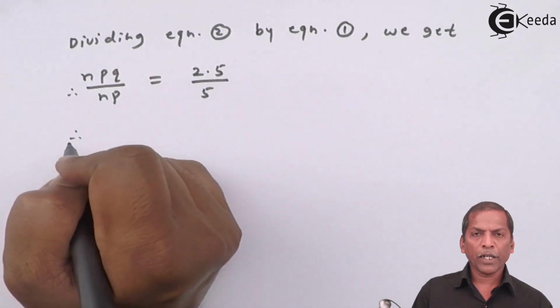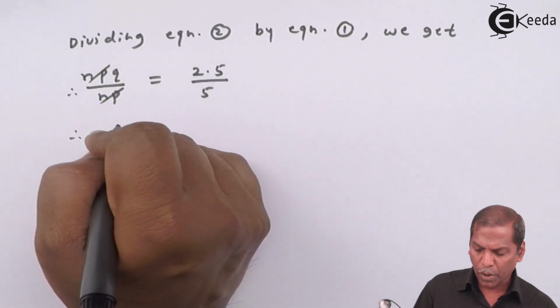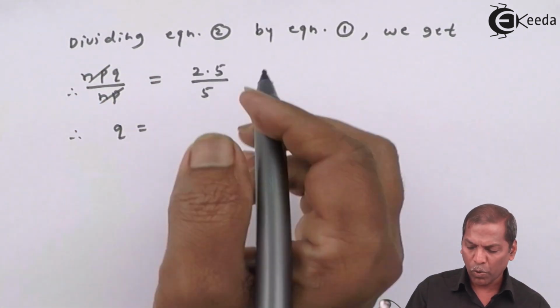So here on LHS we cancel NP from numerator and denominator, so we are left with Q.